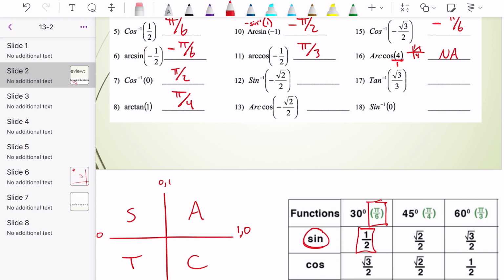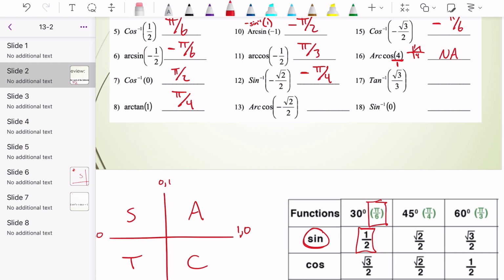We're going to go ahead and take a look at number 12. For number 12, we have the inverse sine of a negative square root of 2 over 2. For that problem, we are going to remain with a negative number. Square root of 2 over 2 is pi over 4.